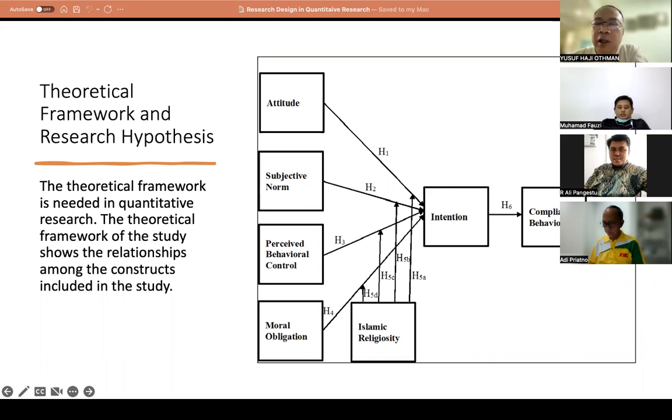If your theoretical framework can be justified, you are on the right track. If you cannot form a solid and justified theoretical framework, we are afraid that your thesis will break down.